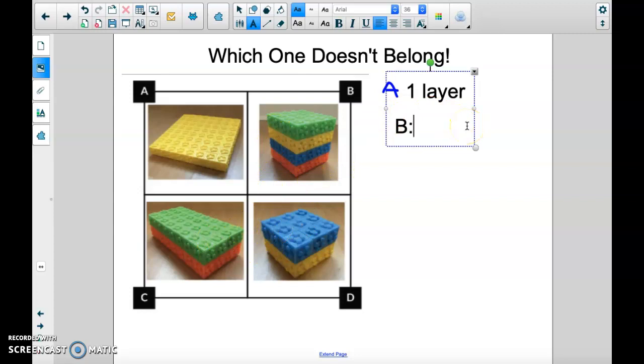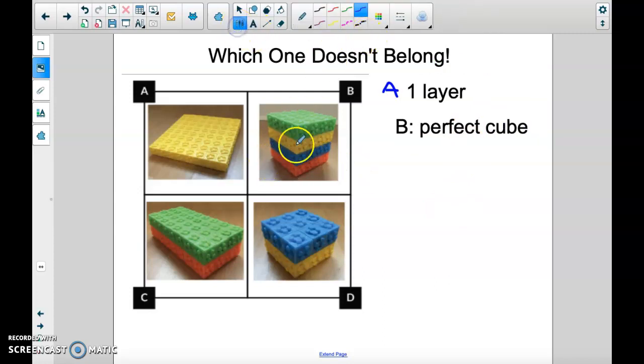Maybe you said B because it's a perfect cube. If we look at its dimensions, let me get my pen back out, it's a 4 by 4 by 4. No other shape here has the same dimension for everything. That's why they call it a perfect cube, because all three dimensions are equal.